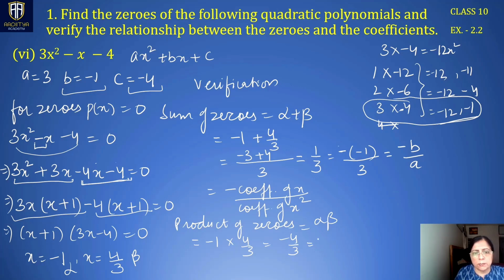You can replace minus 4 by C, and 3 can be written as A, which is equal to the constant part over the coefficient of x squared. So this was our requirement, and we have verified both the parts. This is a very important question. You will be having one in your board exam from this exercise.